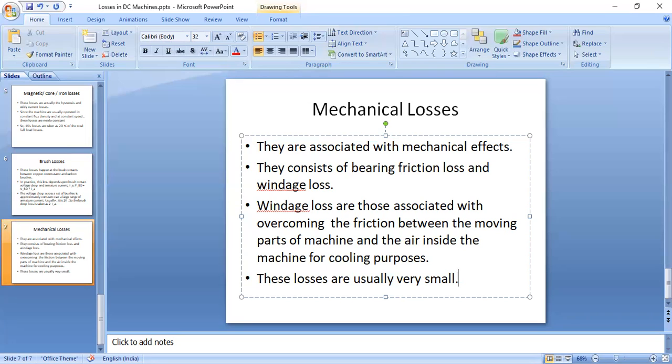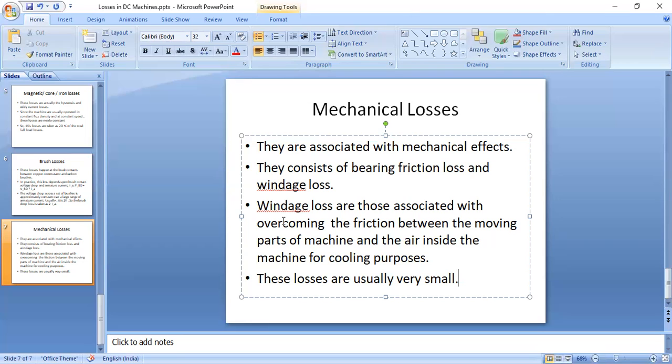Bearing friction losses are the losses due to the friction at the bearing. Bearings are the components for smooth movement of the rotating units. Then the windage losses are those associated with overcoming the friction between the moving parts and the air that is required for cooling.